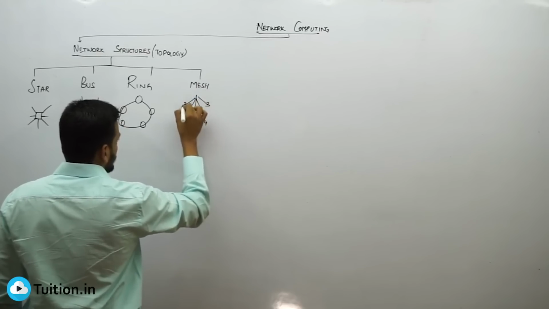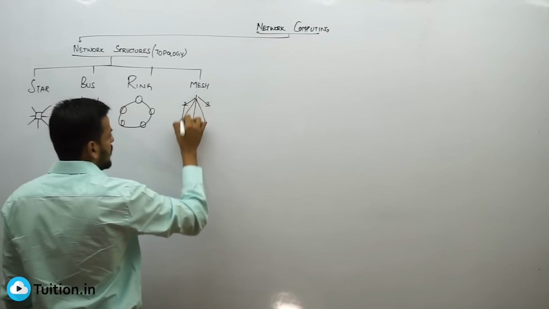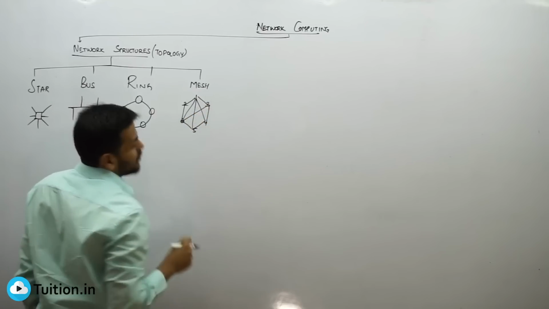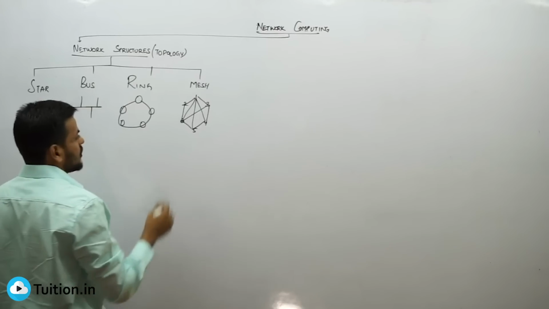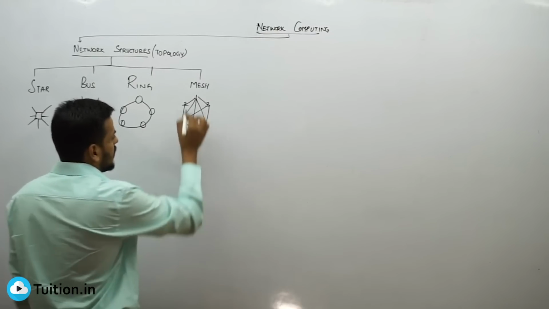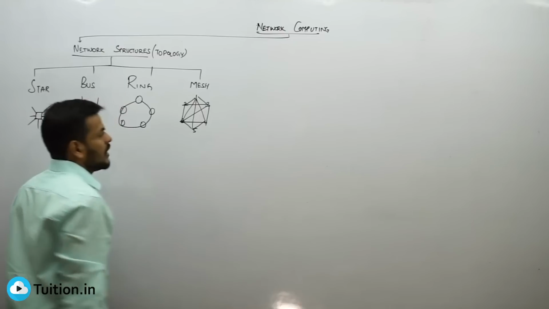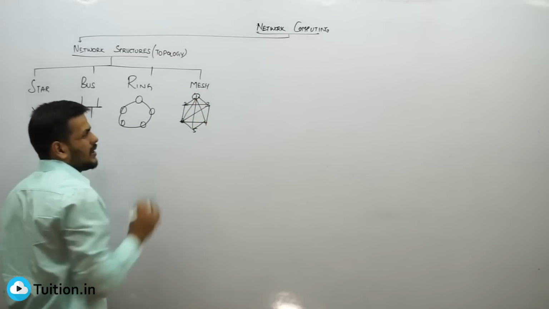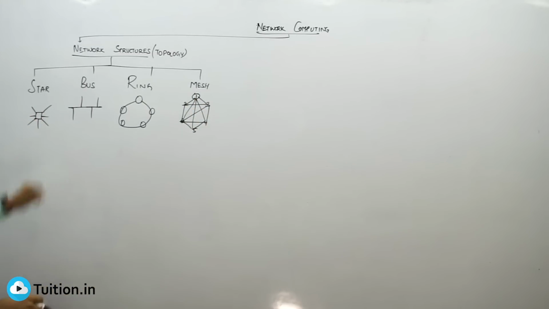A fully interconnected mesh seems to be the order for something like a military application, where each one of them is connected to all the others, right? That's a fully interconnected mesh that you see there, all of them being connected to all of the others. So it's the first topic in the network structures and topology.